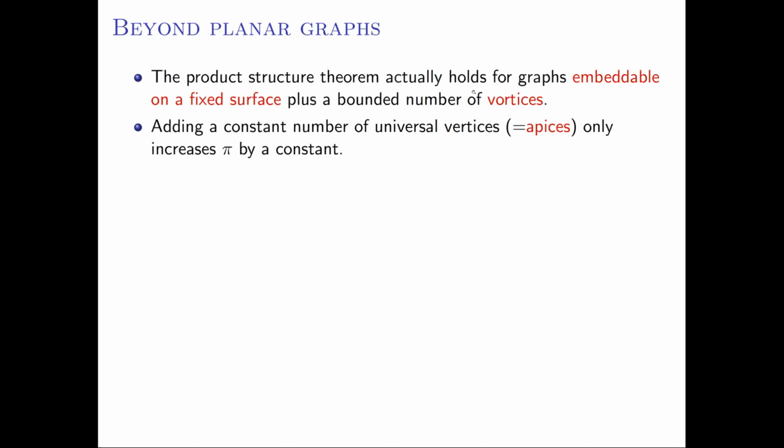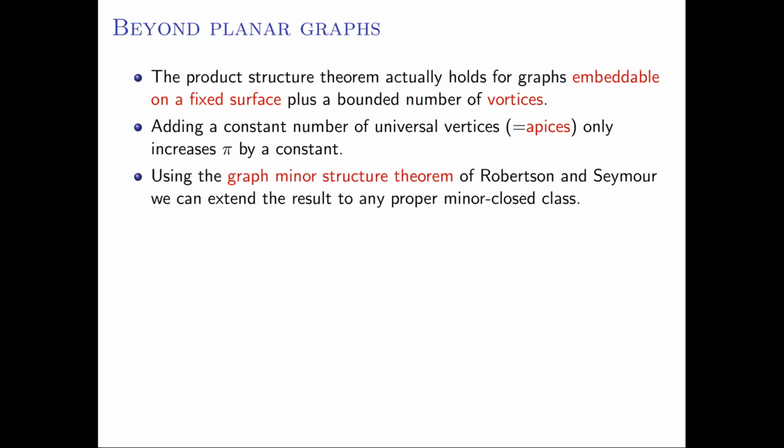So these two things put together tell you that if you take any graph embedded on a fixed surface with a bounded number of vertices and apices, it still has bounded non-repetitive chromatic number. And then we can use the graph minor structure theorem of Robertson and Seymour. As David mentioned, it says that graphs from any proper minor closed class are obtained from these graphs embeddable on a fixed surface plus a bounded number of vertices and apices.